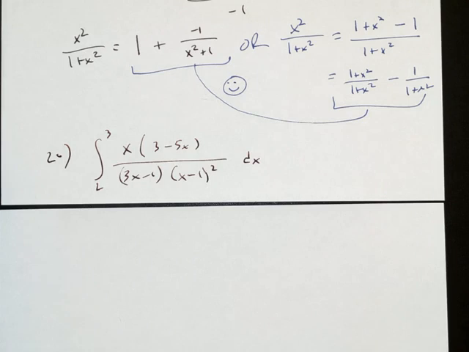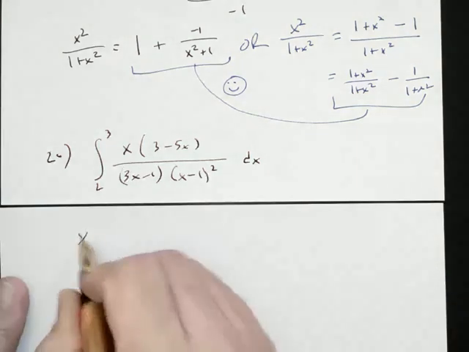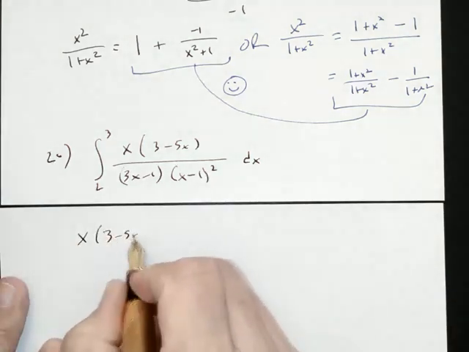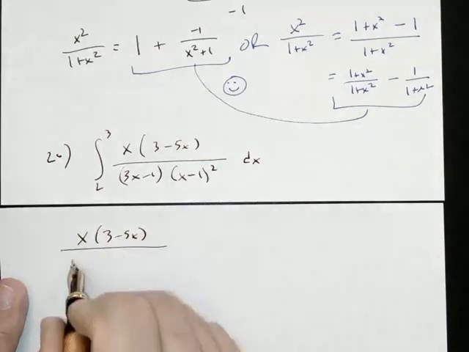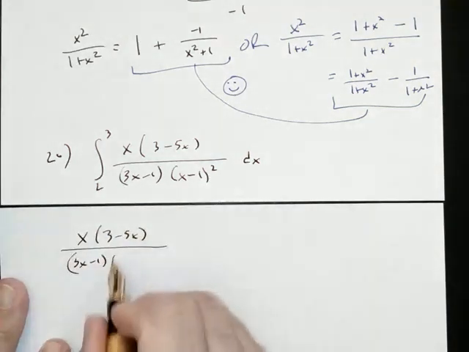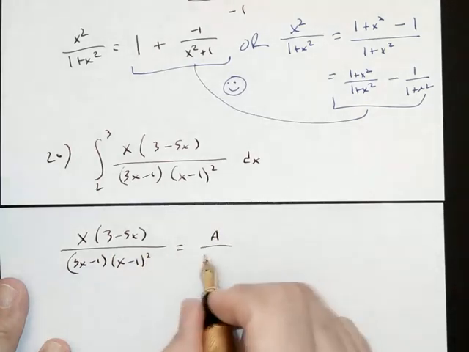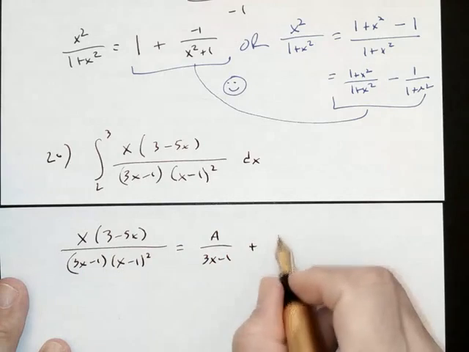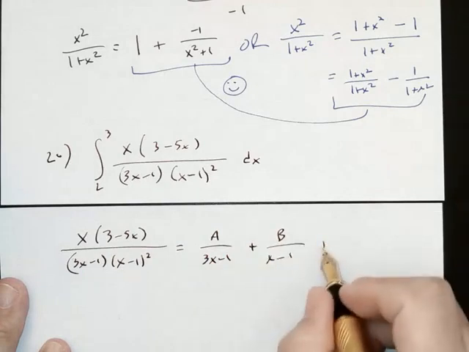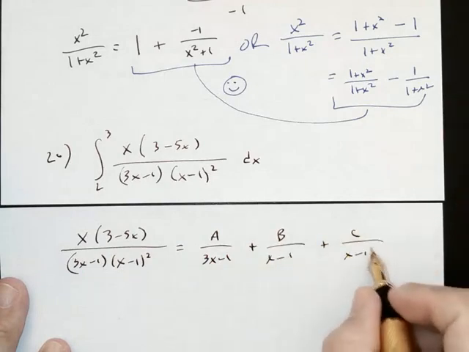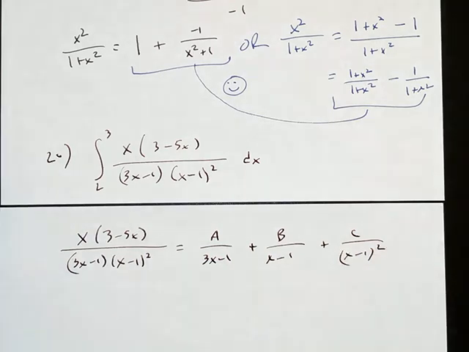One with the 3x minus 1, one with x minus 1 to the first, one with x minus 1 squared. How far did you get from here?